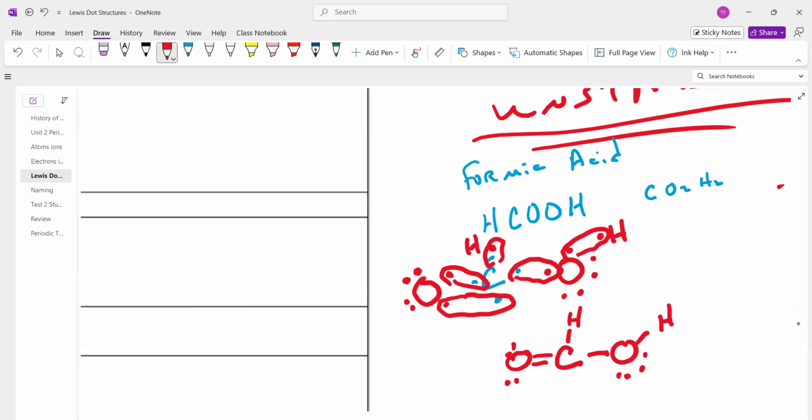Always include the unbonded pair. This hydrogen here is the one that we can see.